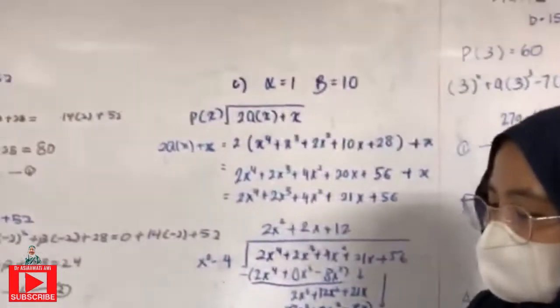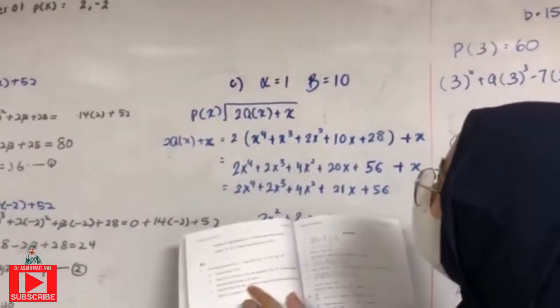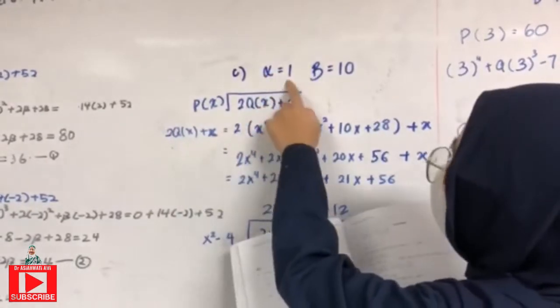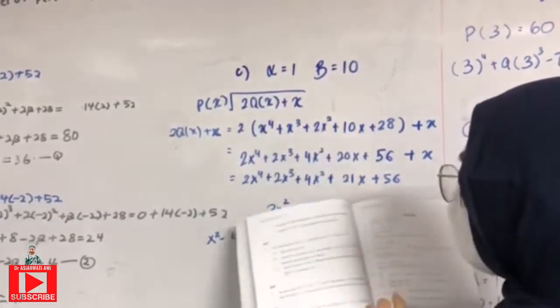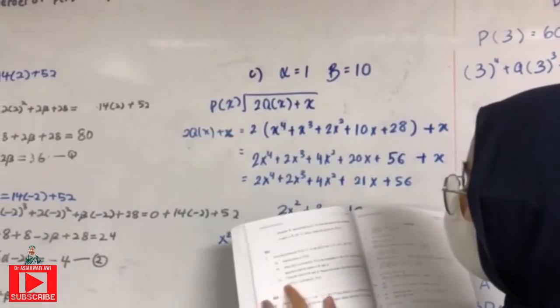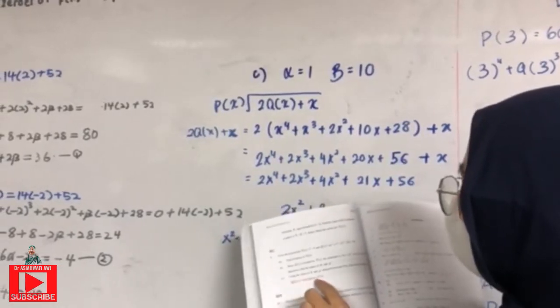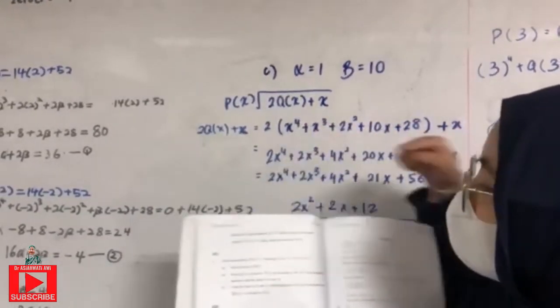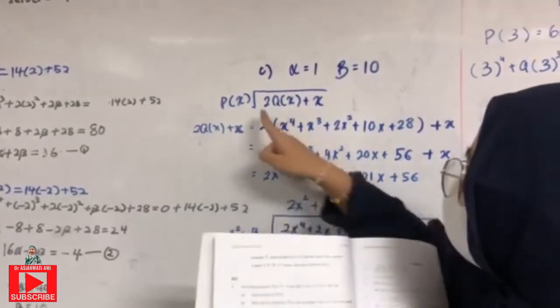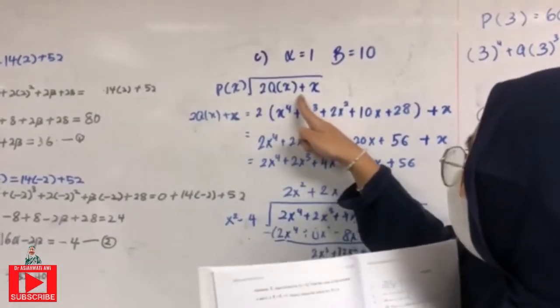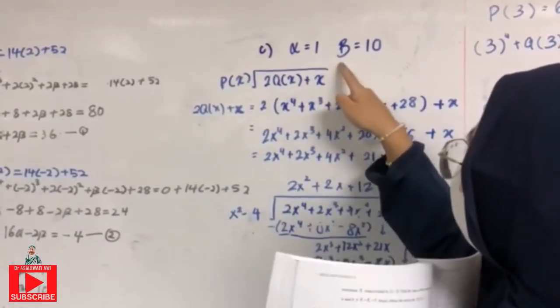Okay, so question 3. Using the alpha and beta we found just now, which is alpha equals to 1 and beta equals to 10, find the remainder of 2Qx plus x if divided by Px. So 2Qx plus x divided by Px, tulis macam ni. And then we substitute alpha and beta into our Qx.